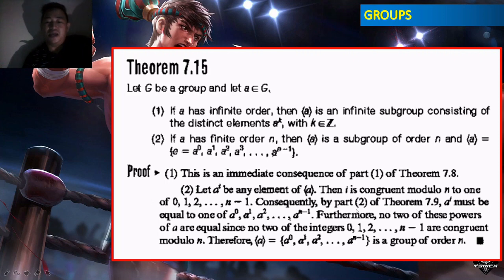Consequently, by part 2 of 7.9, a to the i must be equal to one of the following: a to the power of 0, a to the 1, a squared, up to a to the n minus 1.